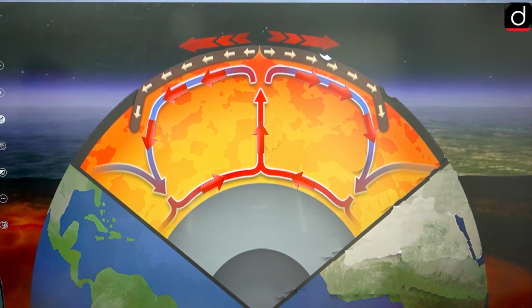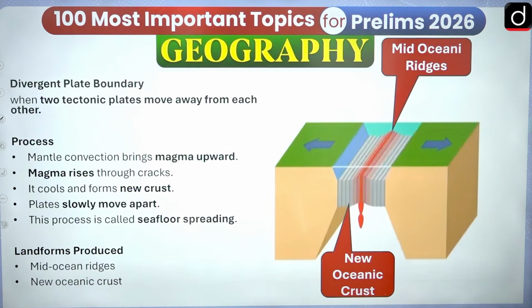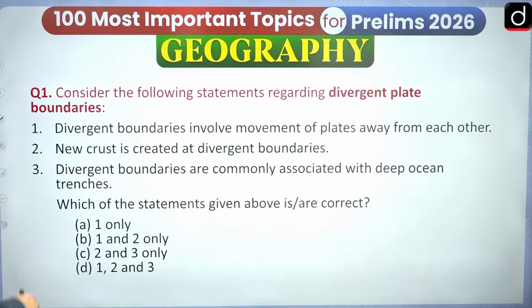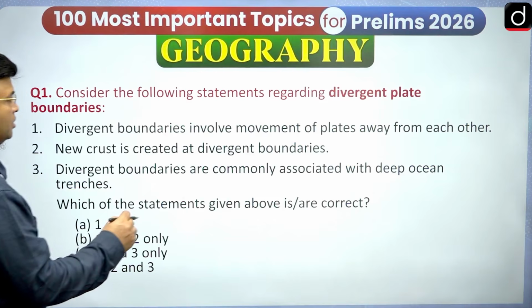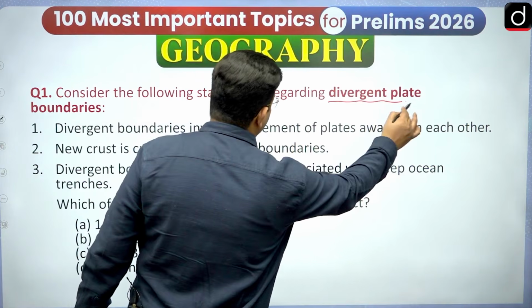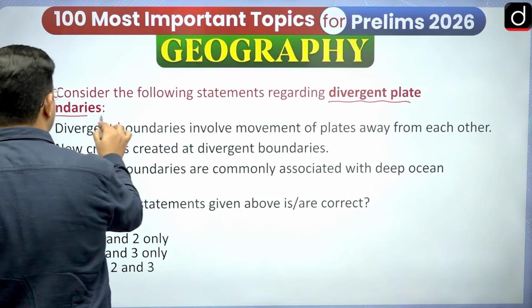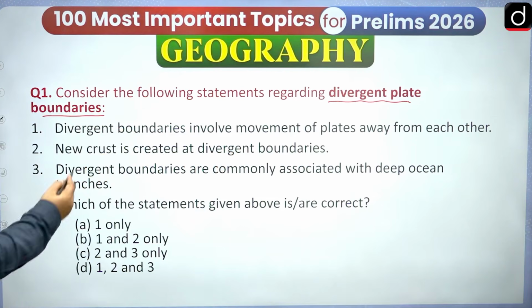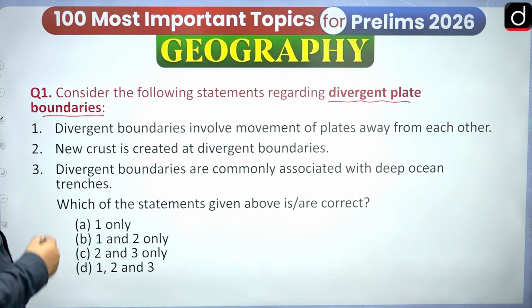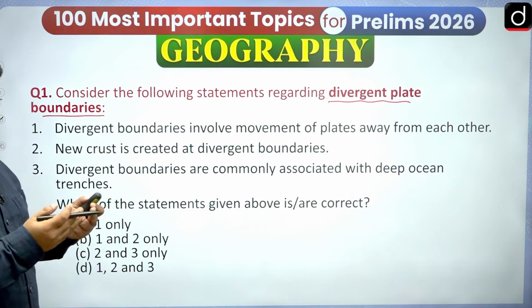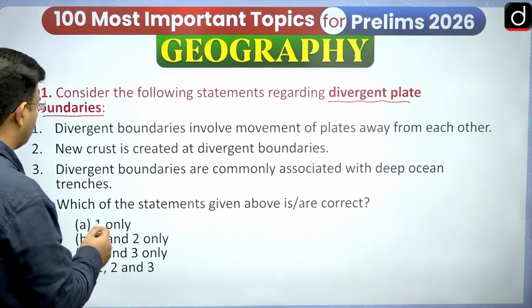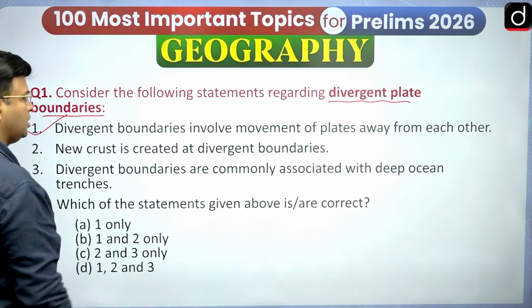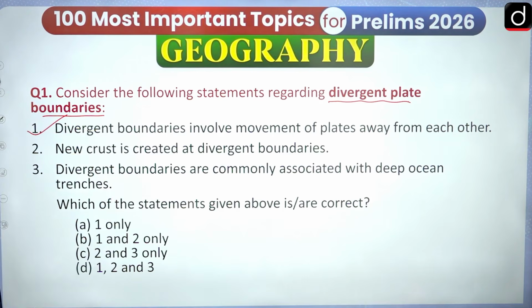Thereafter, we go to the next question: consider the following statements regarding divergent plate boundaries. The first statement says divergent plate boundaries involve movement of plates away from each other. Yes, this is correct. Another statement says that new crust is created at divergent plate boundaries.